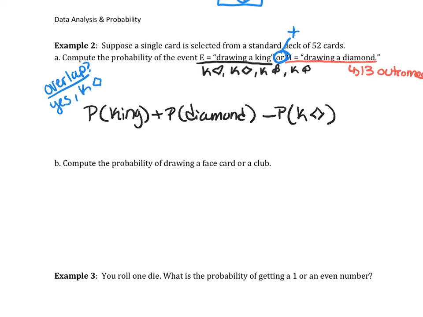The probability of drawing a king would be 4 over 52, because we have 4 kings, plus the probability of a diamond, which is 13 over 52, and minus the overlap. There is one outcome in the overlap, that king of diamonds, so we'd minus 1 over 52. And we do that addition, and we should get 16 over 52.